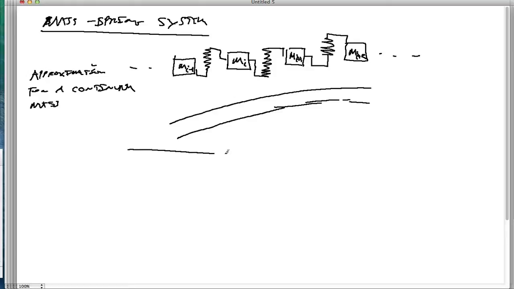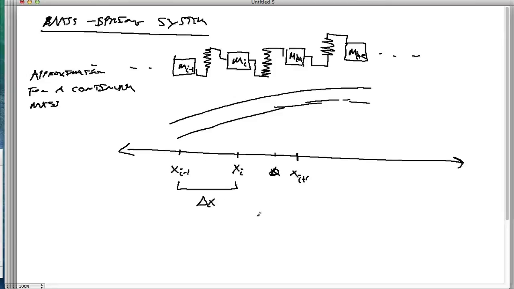So what we're going to consider now is we have an x direction here. So here we'll have xi, that position, and then here we'll have xi plus 1, and here we have xi minus 1. And between them we'll say it's delta x, where this is small enough to suit our needs, and that's xi plus 2.